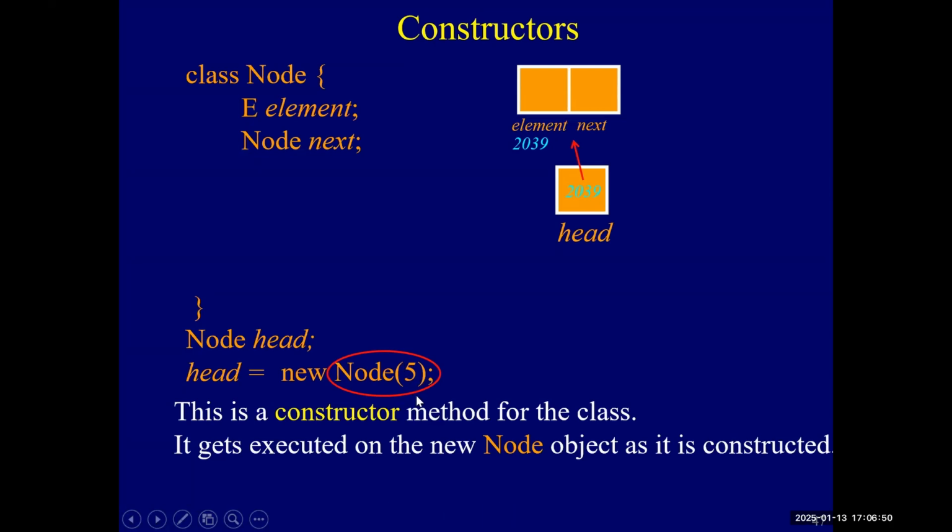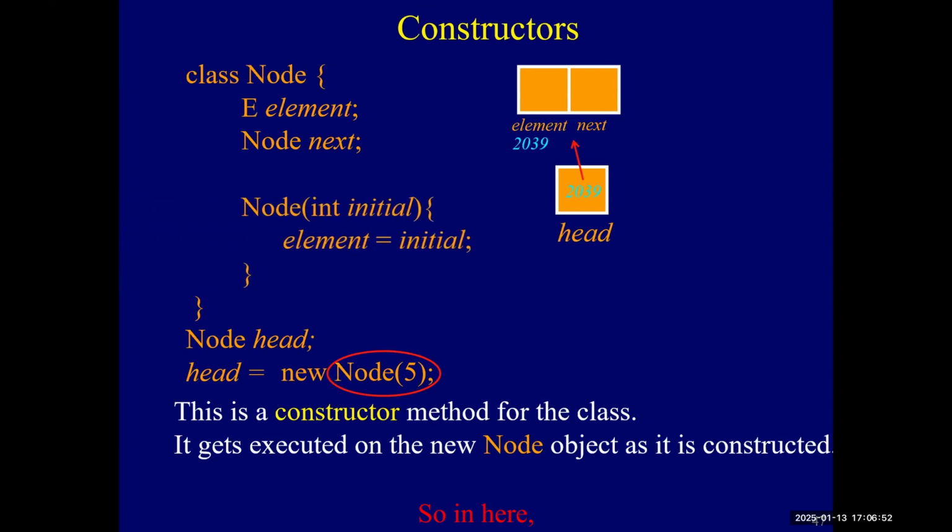Node can have both elements and routines. If you call a routine the same as the name of the object, then when you call node to create it, you execute that code.